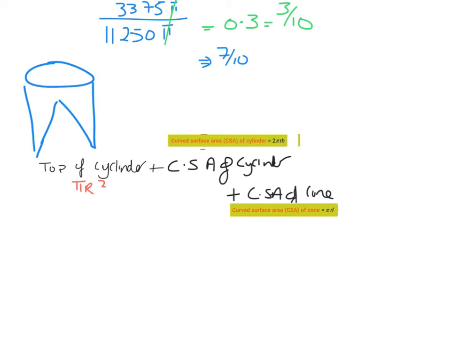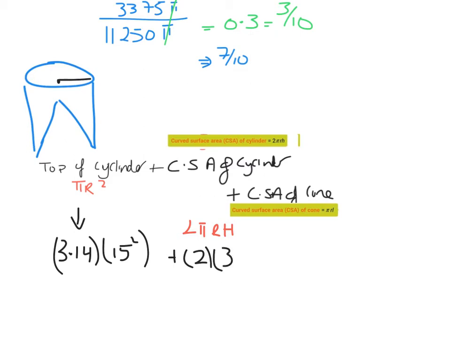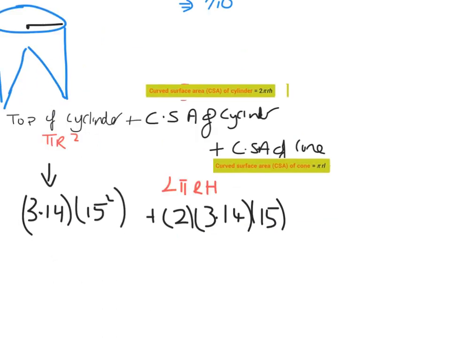We're taking pi to be 3.14, and our diameter is 30, so r is 15. So 15 squared, plus the curved surface area of the cylinder, 2 pi r h: 2 times 3.14 times 15 times my height, which is 50 centimetres, plus the curved surface area of a cone.